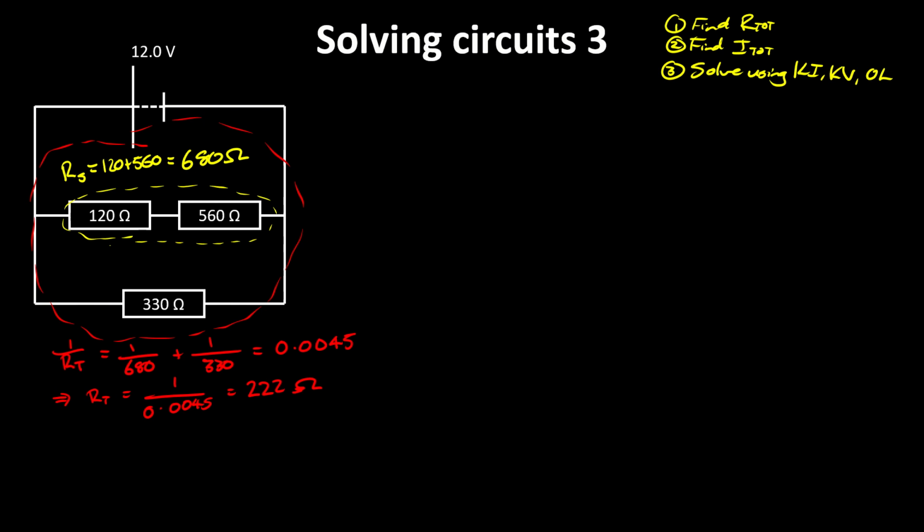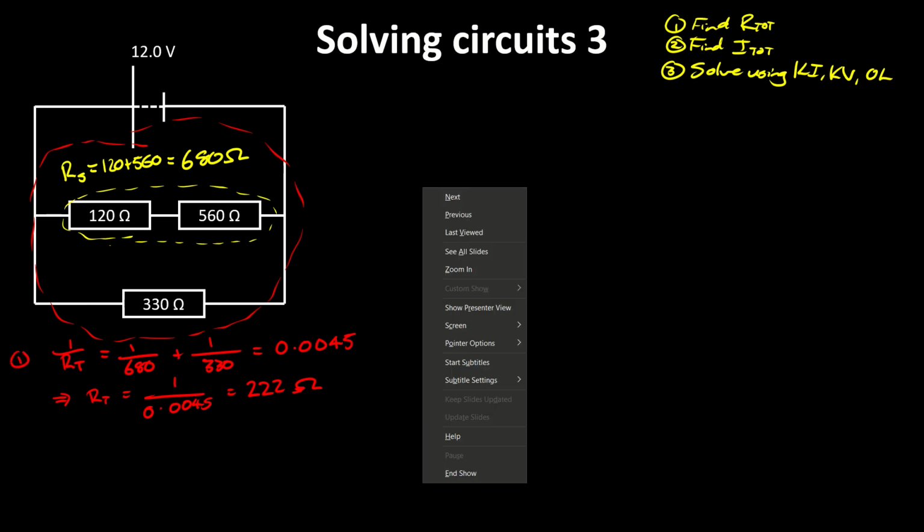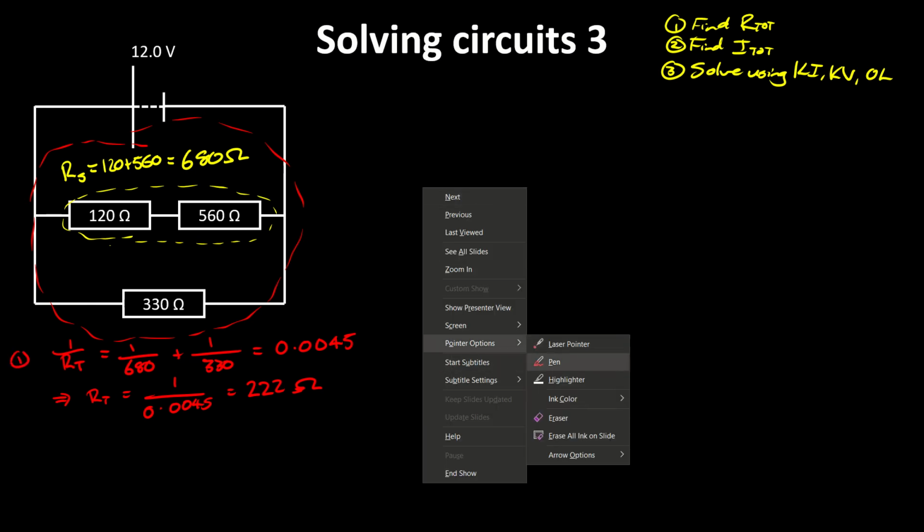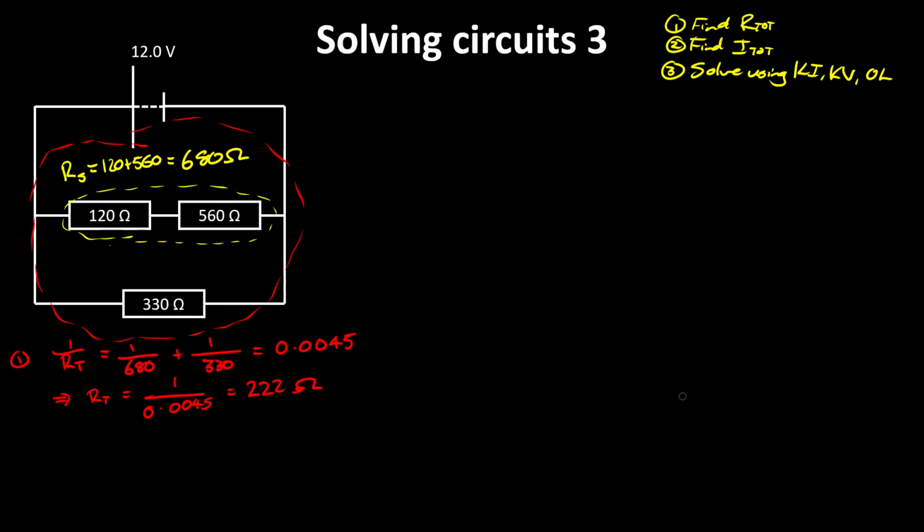Okay, so the next step, so that's step 1. Step 2, like before, find the total current. I'll do it over here. Total current is the total voltage divided by the total resistance.